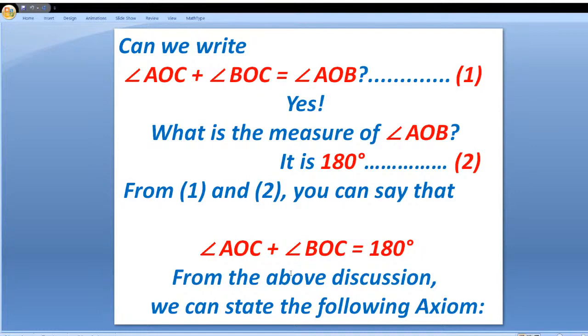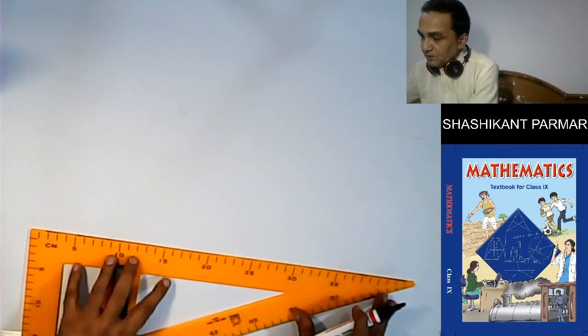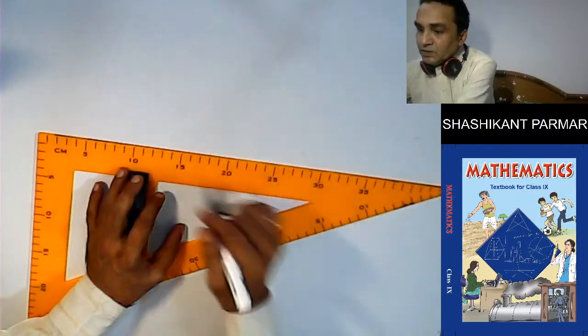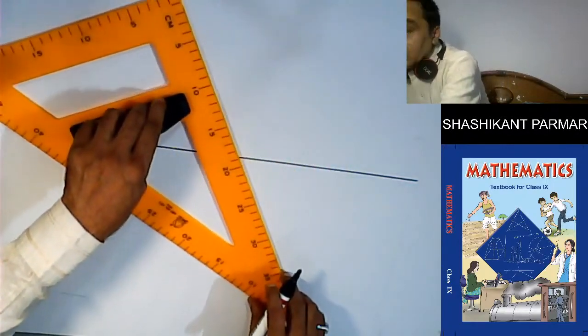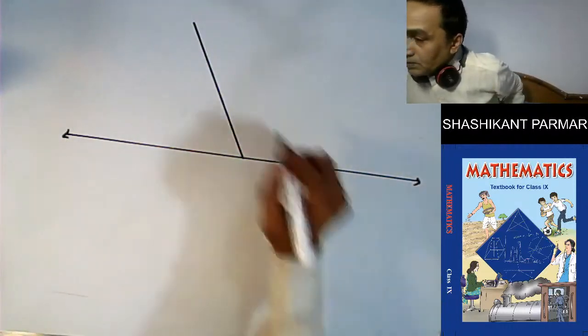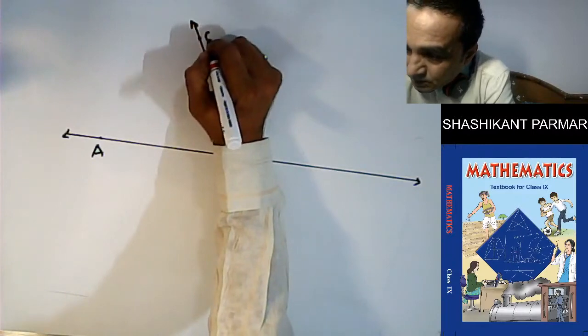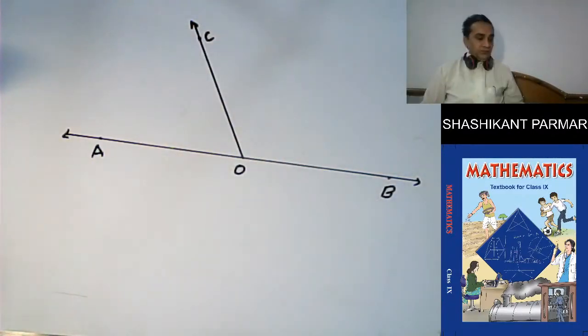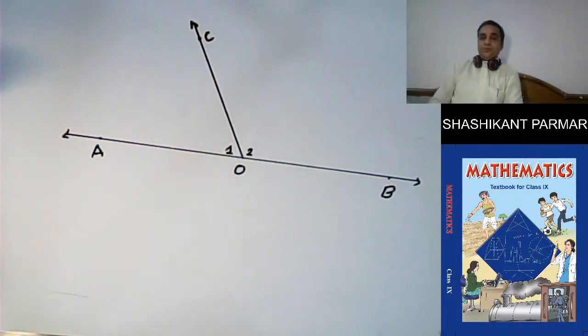Okay, let us see here. So this is angle 1, this is angle 2.